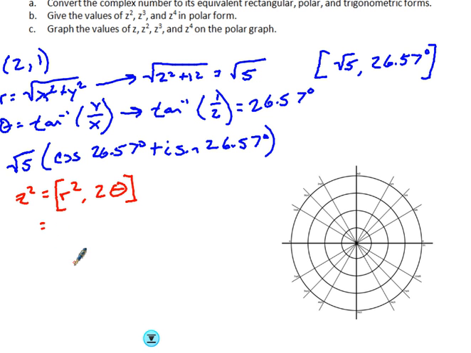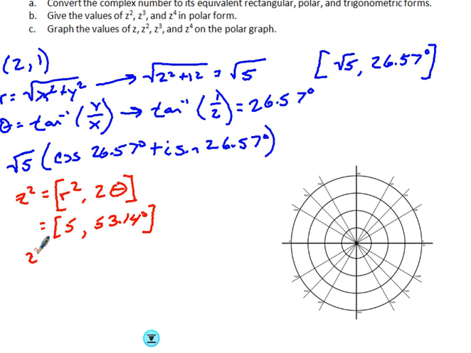So this is saying then z squared would be the square root of 5 squared, which is 5, and 2 times theta, well, that would be 26.57 times 2, which is 53.14. We have 53.14 degrees.